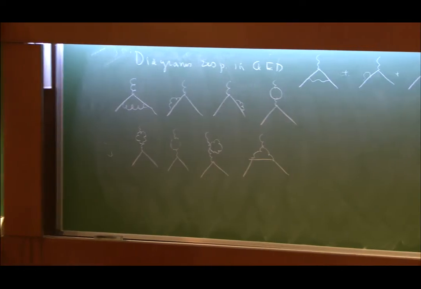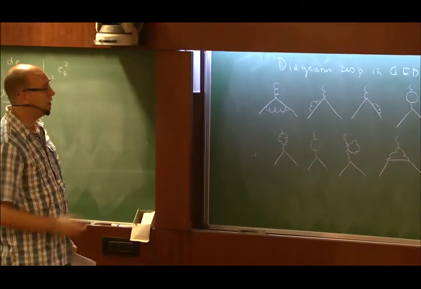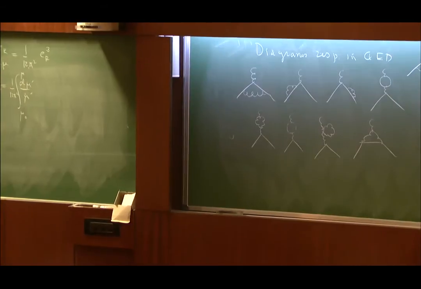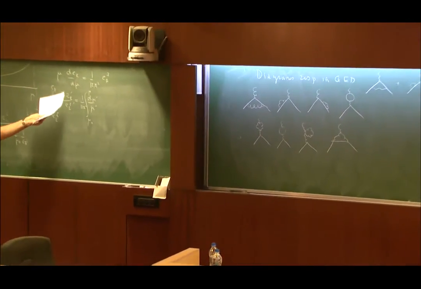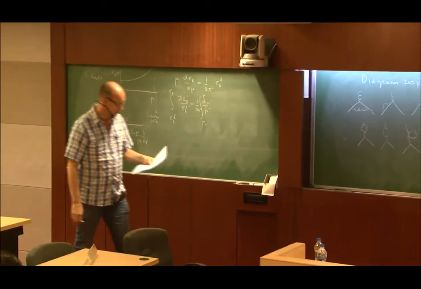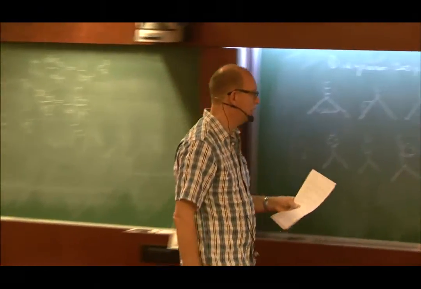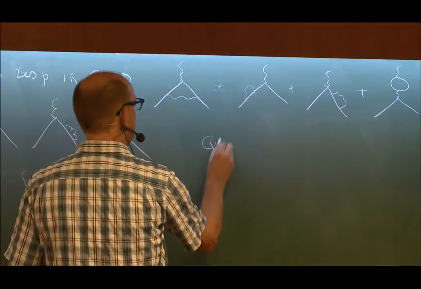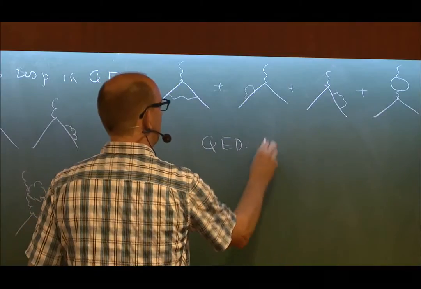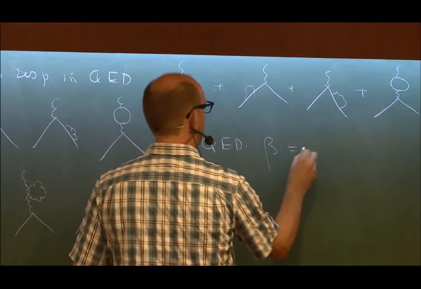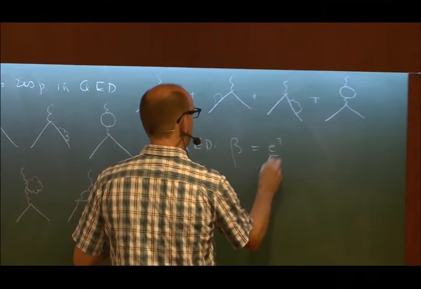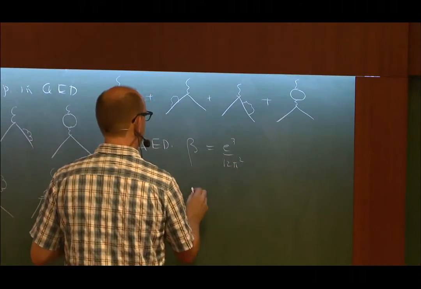The question is, if you compute all of these, define the z factors, and compute for the QCD coupling the beta function, what do you get? So we had that for QED, beta is e cubed over 12 pi squared.